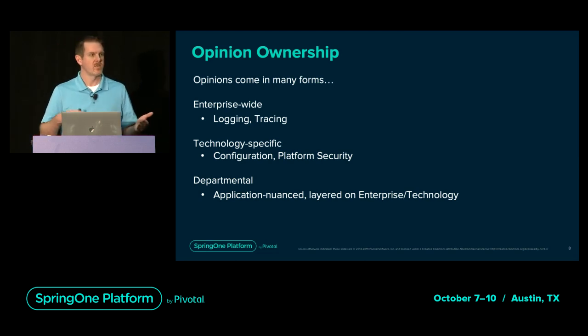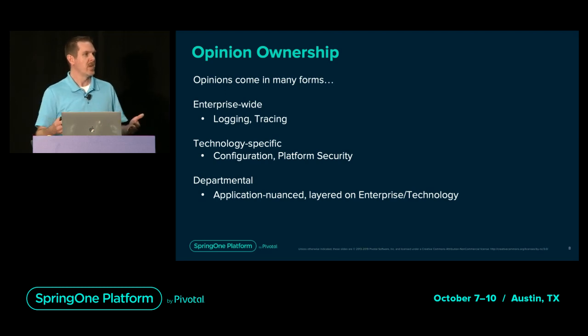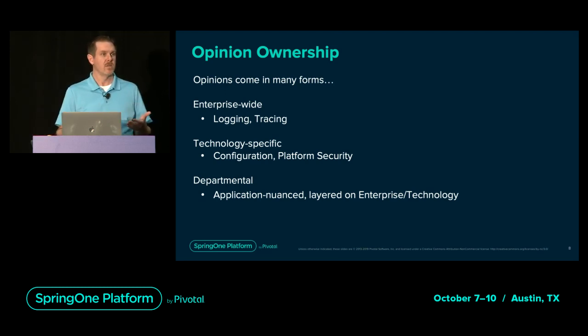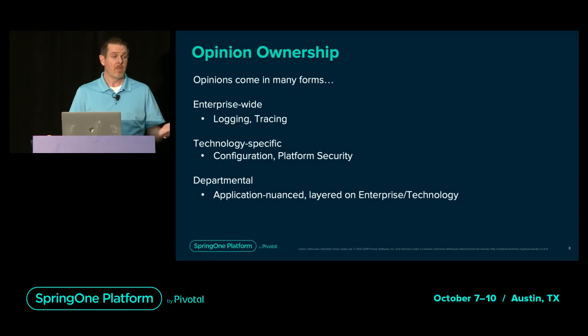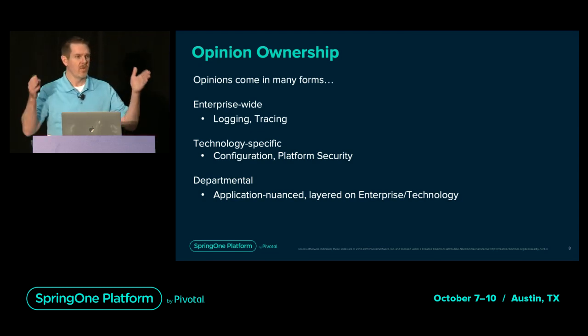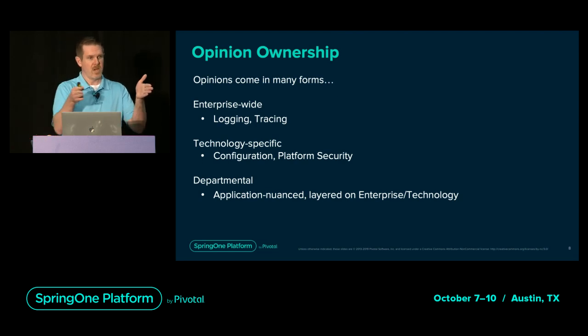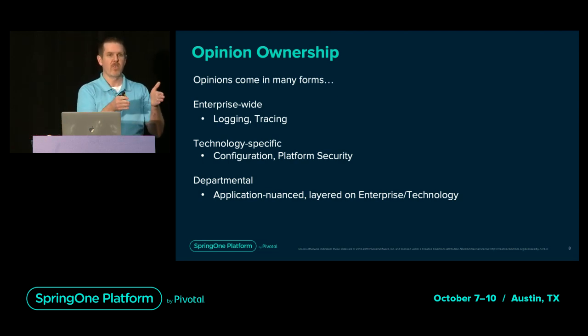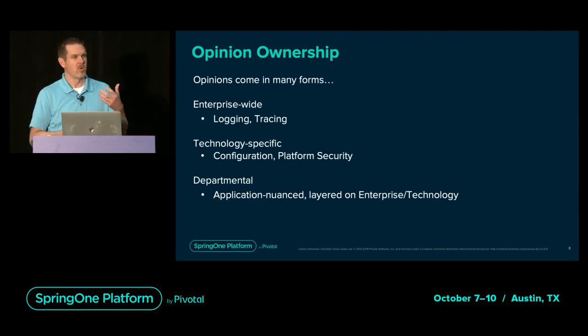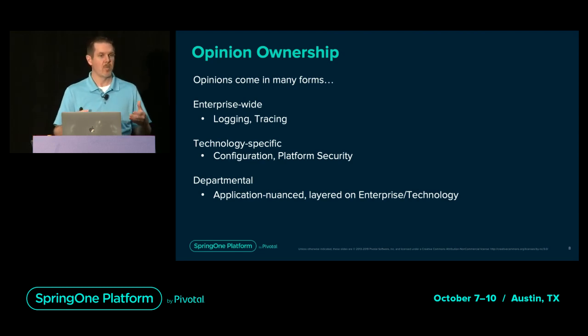And so you have horizontals and verticals, and then you've got the departmental areas, the teams that are trying to use it, right? And they may be able to use them out of the box. If done properly, where you've set up the guardrails, they may choose to move those guardrails in a little more for their particular team. And if you've done a good job of writing flexible, open application libraries using the auto configuration, they can actually layer their own opinions on top of these enterprise horizontal or vertical opinions.